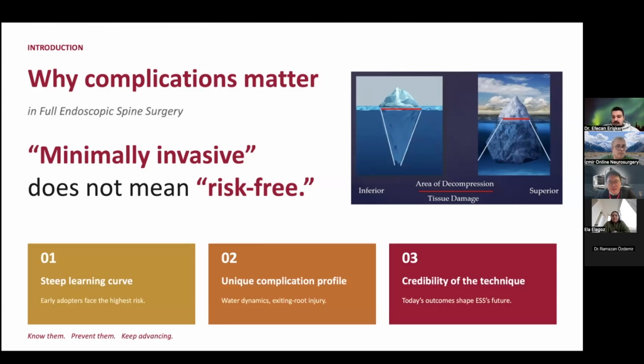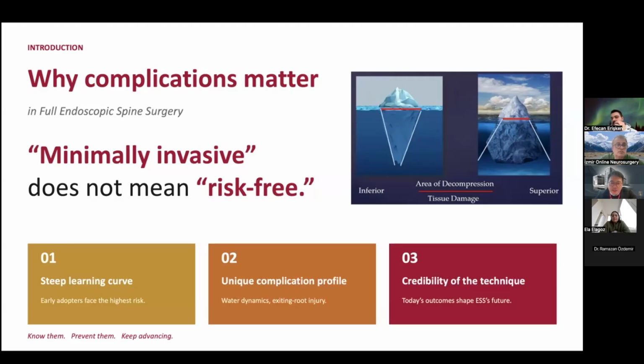But we need to understand that minimally invasive does not necessarily mean it's risk-free. There are always different risks. So we need to admit that there is a steep learning curve, which means that the early adopters, the learners, will face the highest risk in the beginning.